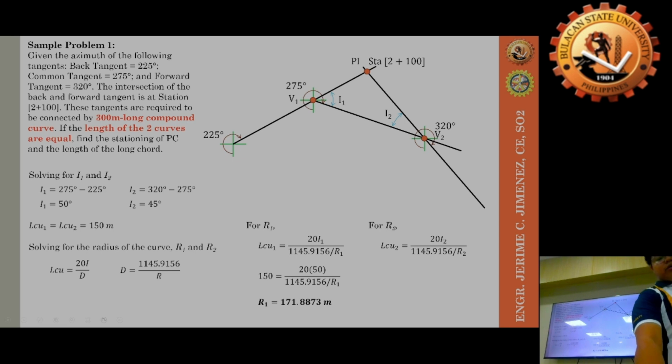Substituting the values of LCU and I, what is R sub 2? 190.9859 meters. In your exams, you forget the units. It's a pity, the 5 points become only 3 points. I should mark that wrong because it's in the instructions.